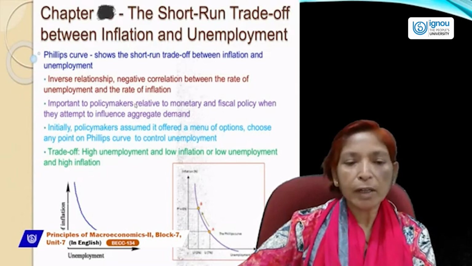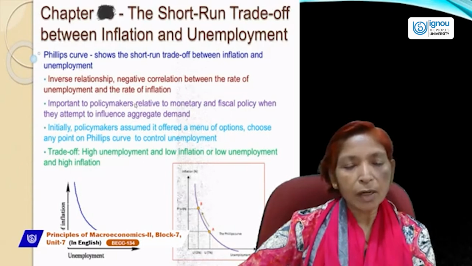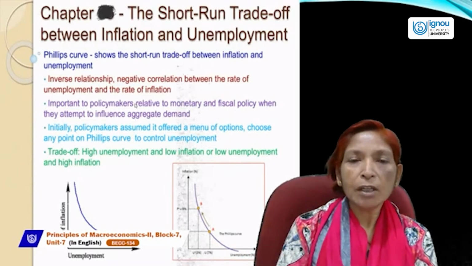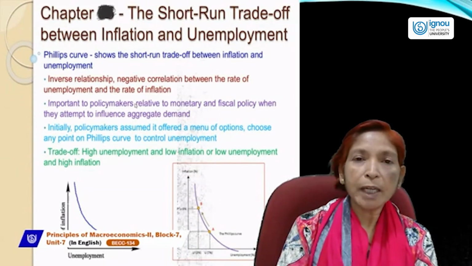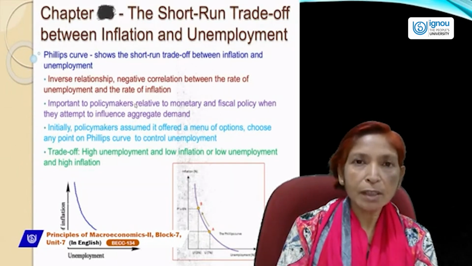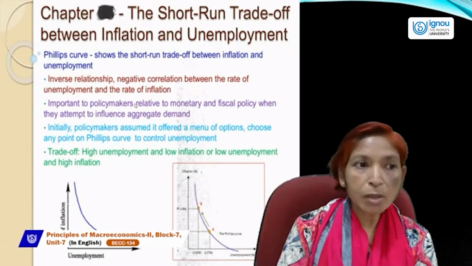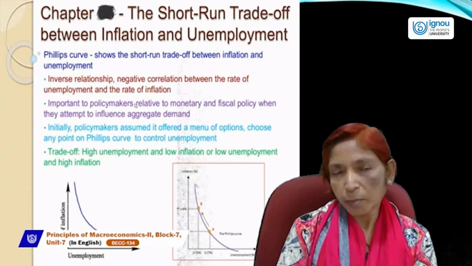So if the RBI makes a monetary policy that controls the rate of inflation, it means unemployment will increase in the economy, because there is an inverse relationship between inflation and unemployment.